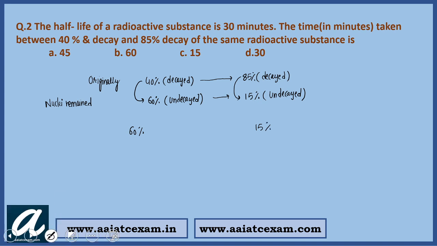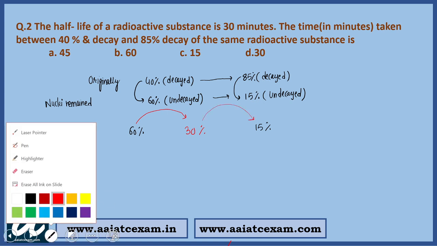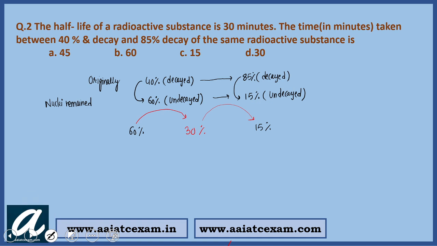You can check clearly. In the first half-life, it will go from 60% to 30%, and now it will again go from 30% to 15%. This is the first half-life, and this is the second half-life.